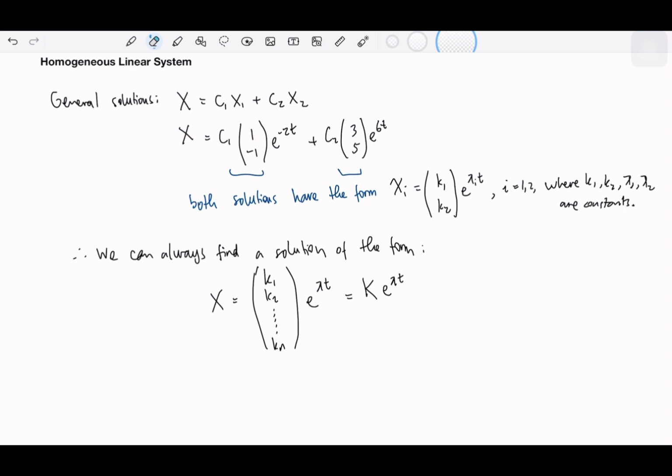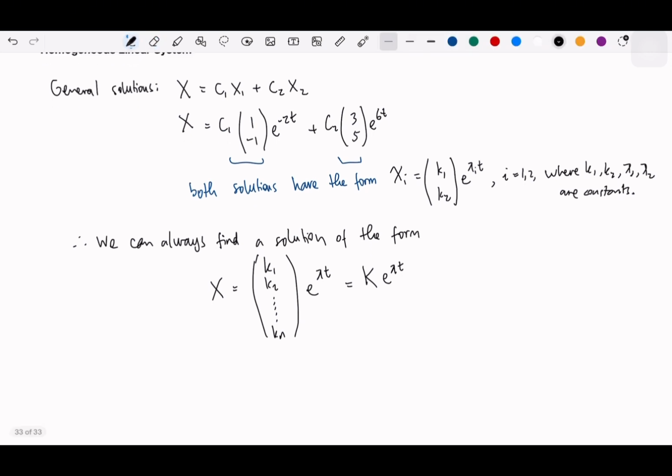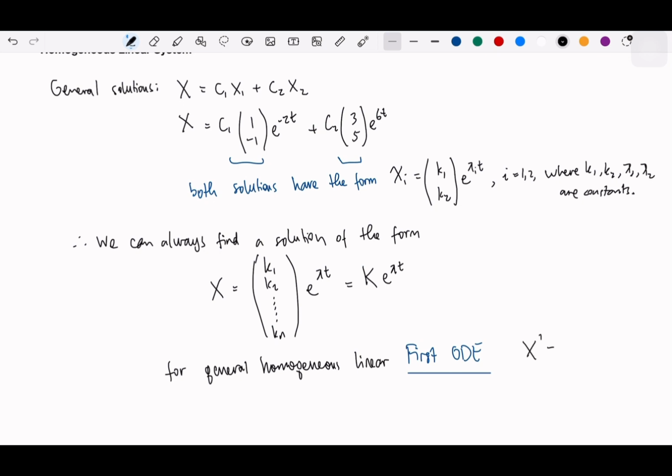Okay, so the solution of the form, we write completely, for the general homogeneous linear first-order ODE x' = Ax.